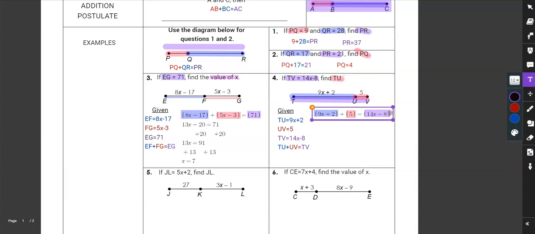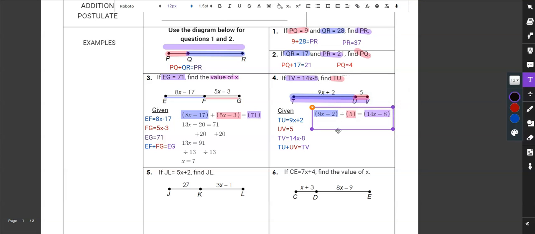So again, first thing we need to do here is combine like terms. Our like terms on the left-hand side are just 2 and 5, and 9x stays the same. Nothing's going to happen to the right-hand side. So we end up with 9x plus 7 is equal to 14x minus 8.